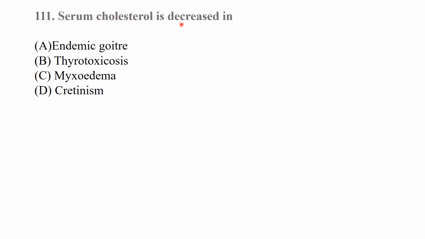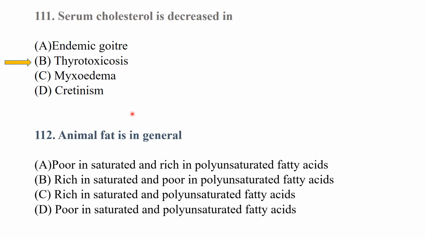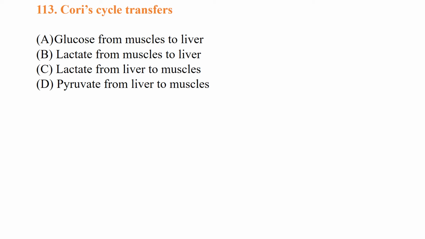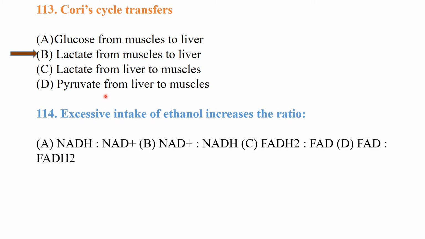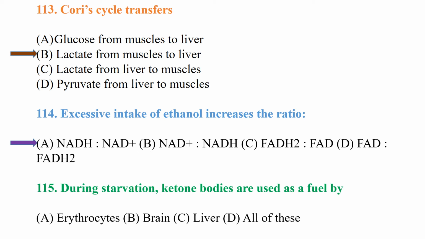Serum cholesterol is decreased in thyrotoxicosis. Animal fat is in general rich in saturated and poor in polyunsaturated fatty acids. Cori cycle transfers lactate from muscles to liver. Excessive intake of ethanol increases the ratio of NADH to NAD. During starvation, ketone bodies are used as a fuel by the brain.